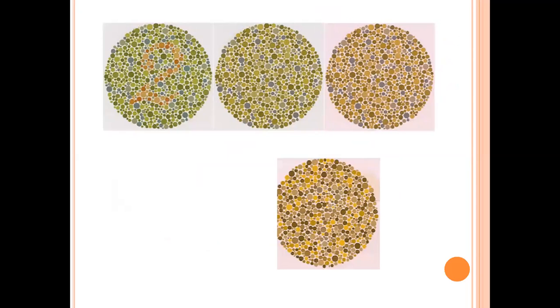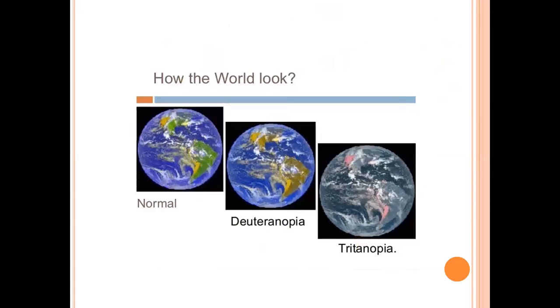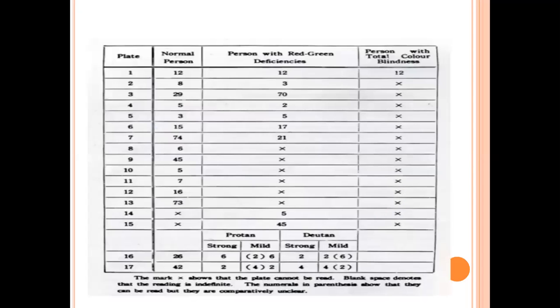Again, same, different color vision or different numbers of the Ishihara chart. So you can see how the normal person sees the color, and in deuteranopia, tritanopia. Anopia means absent, anomaly means weakness. So we have to write that particular finding in this chart.